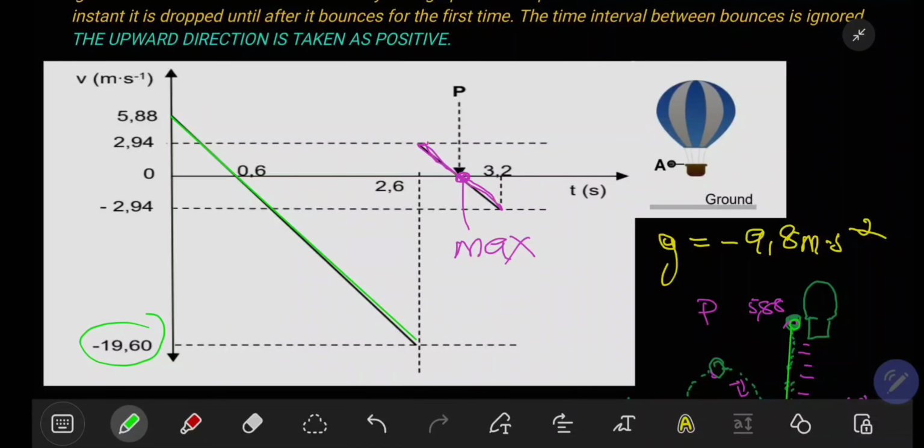So if you can check, we can calculate the area under this shape here, which is our triangle, and also we can find the area of this shape here, and then we would have covered the whole line, and then the area of the two triangles will result in the displacement that they are looking for.